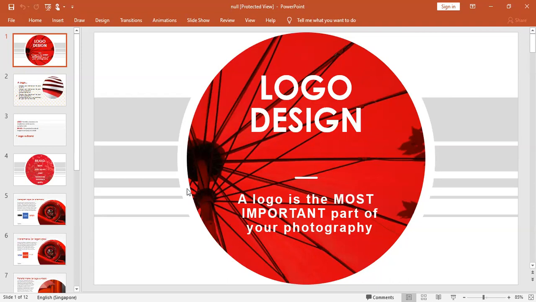Because you have to give priority to the event, in a watermark we give priority to the event over the logo and the photographer. You have to give details about the event. For example, if you are taking photographs of a graduation, you have to mention everything, the year, and who organized it, the company name. Everything will be in the watermark.